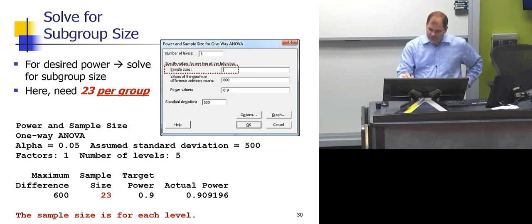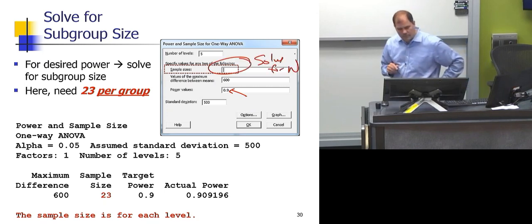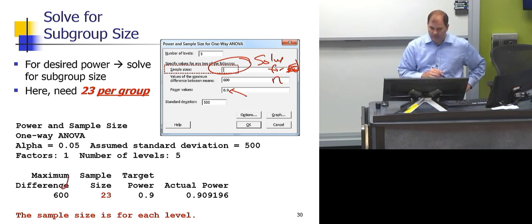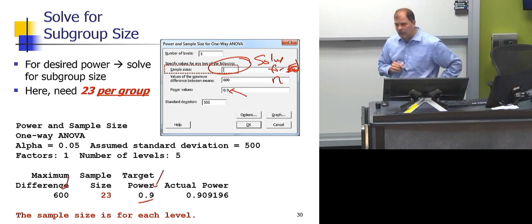Let's say you decide to put the power in and solve for n. I should be careful there. I'm going to solve for little n because it's going to be per group. And when I do that, Minitab comes back. Here's the max difference. Here's the target power.